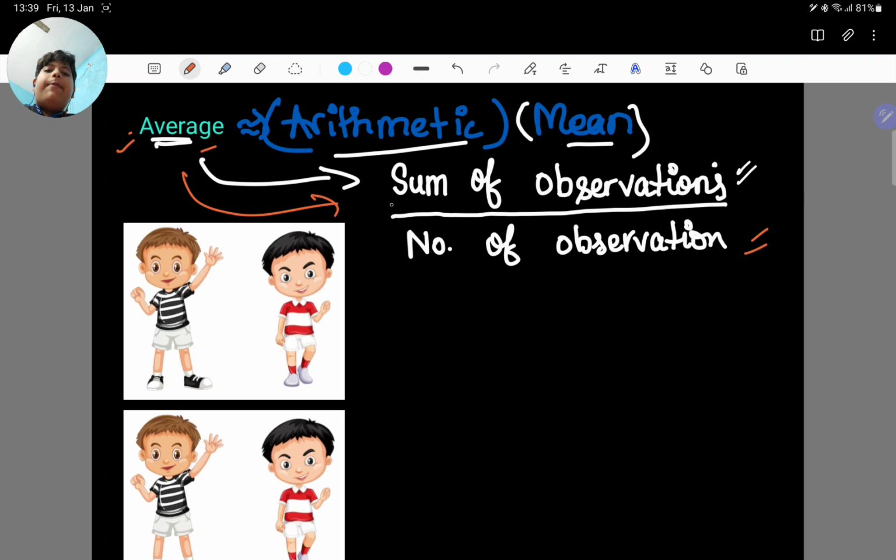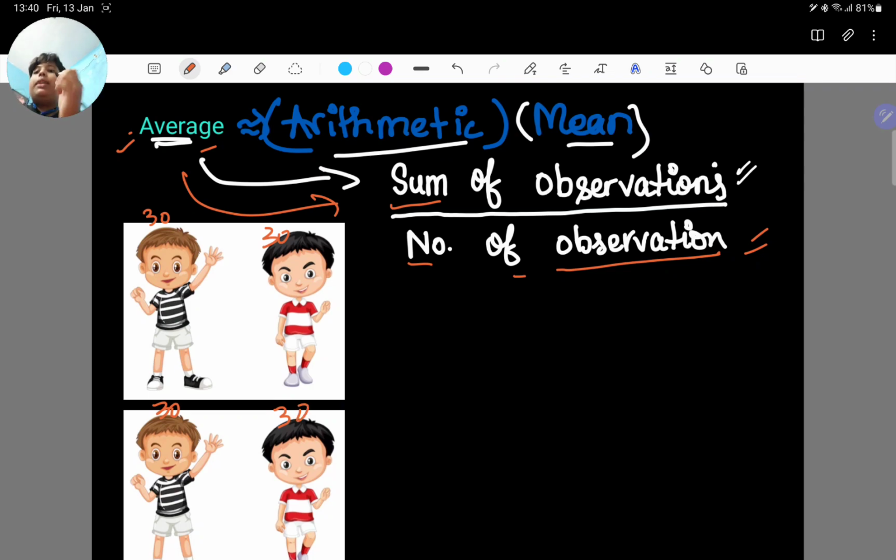So, the average is sum of observations upon number of observations, which means some quantity given to each of the observations. For example, here the children. Let's say the observation is their weights: 30 kgs, 30 kgs, 30 kgs and 30 kgs.